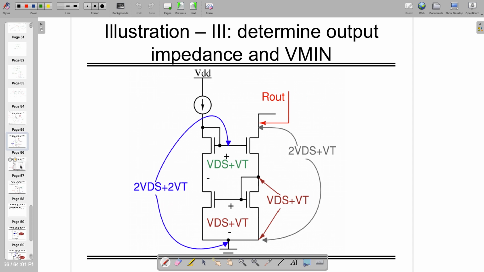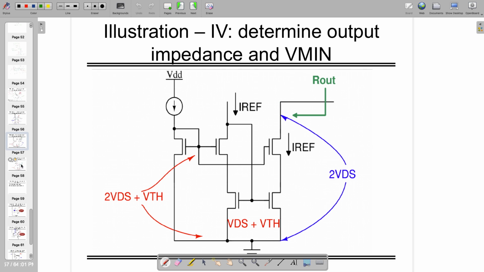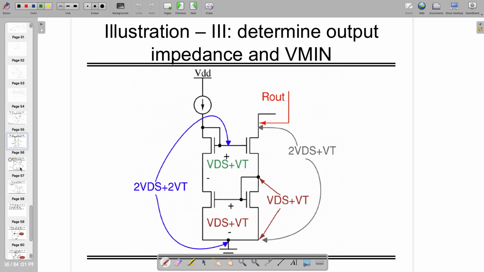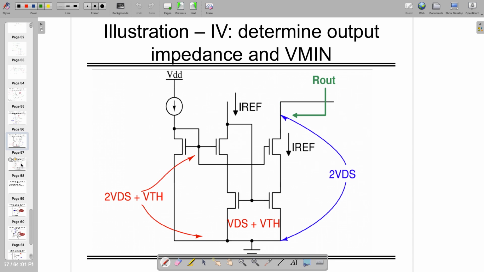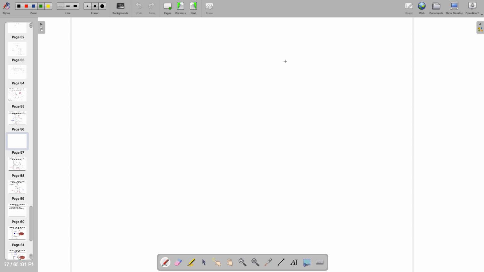So let's move to the further one, and let's see what is happening. One of the configurations, by the way, all these configurations are taken from a book by Allen Holberg. This is one of the good books you need to read, as I told you in the previous lectures also. So the next one is the configuration like this.